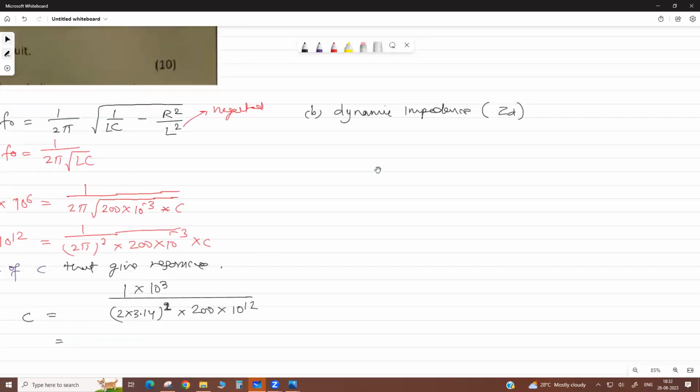Basically, under resonance in a series circuit, the total impedance becomes the resistance, the real part only. Same like in parallel resonance, this is the effective impedance.